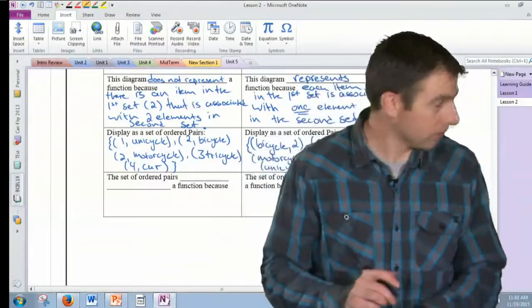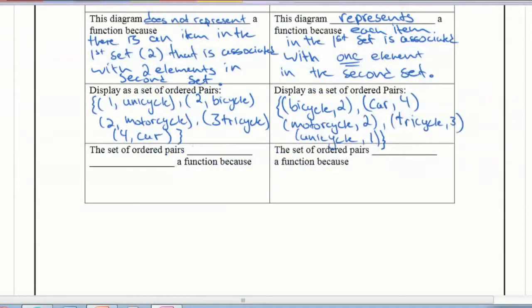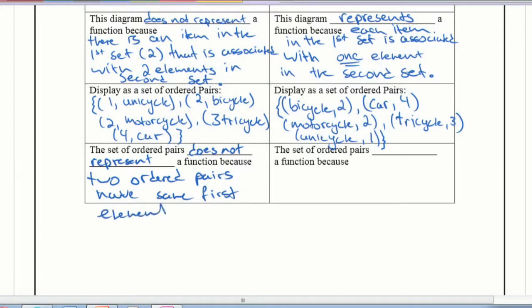So the set of ordered pairs does not represent a function because two ordered pairs have the same first element. Now see if you can figure out the definition for the second one there.